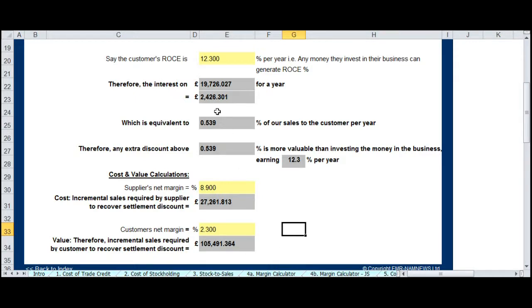In other words, that mere £2,426 is equivalent to £105,491 of incremental sales, and that is how you get these guys interested in taking a settlement discount rather than reinvesting in their own business. Just move them on to thinking about incremental sales as a key.